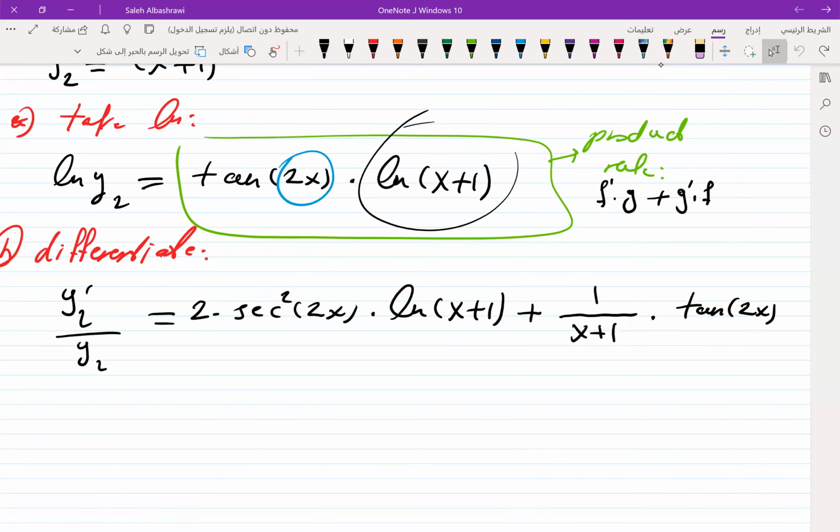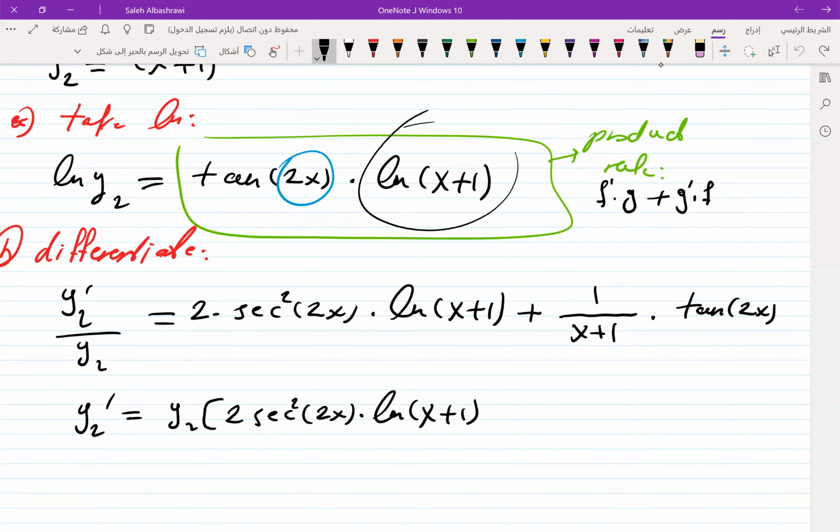Now y2 prime will be y2 multiplied by 2 secant square of 2x multiplied by ln of x plus 1, plus tangent 2x divided by x plus 1. So this is the derivative of the second function.